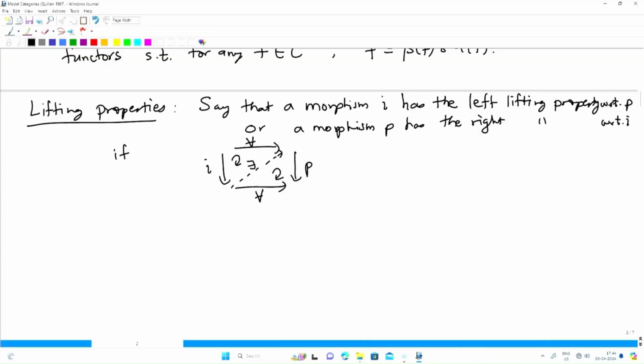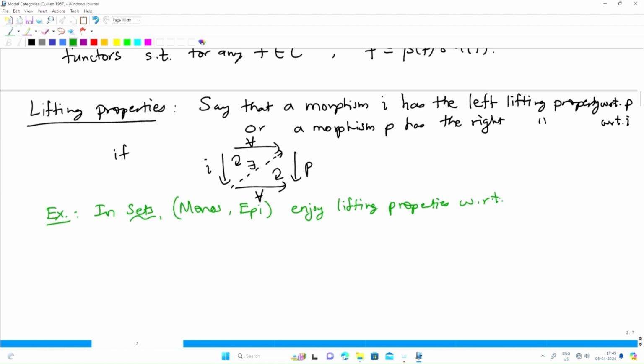Let me write that as an example. In sets, monos and epis enjoy lifting properties with respect to each other. Actually, it is both ways.